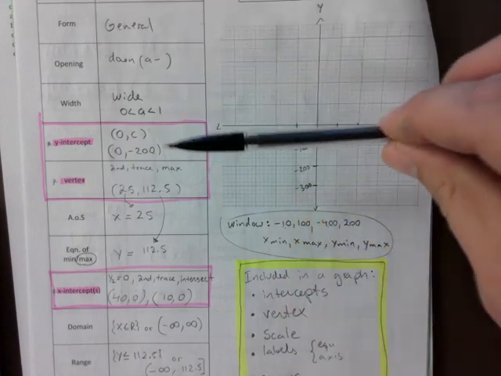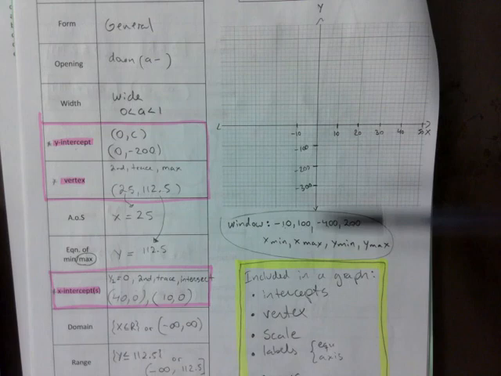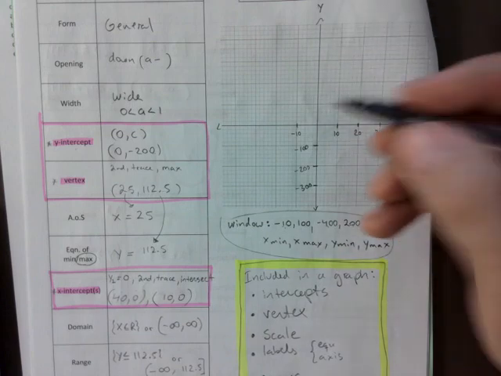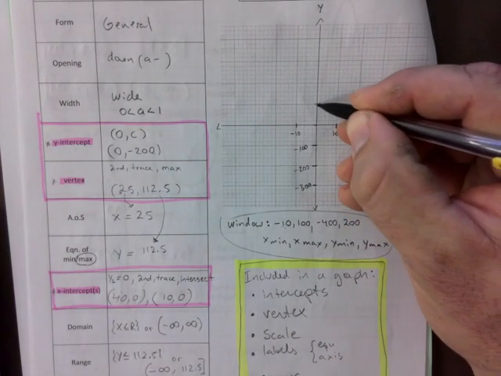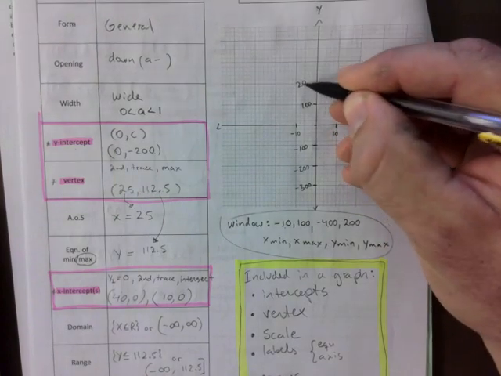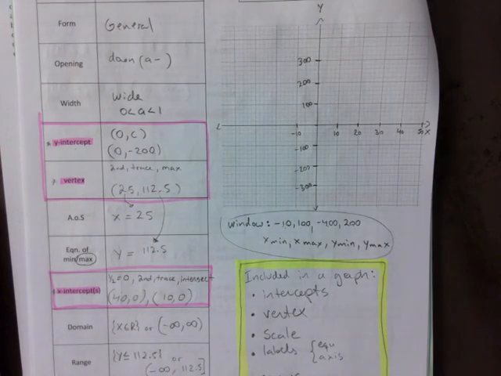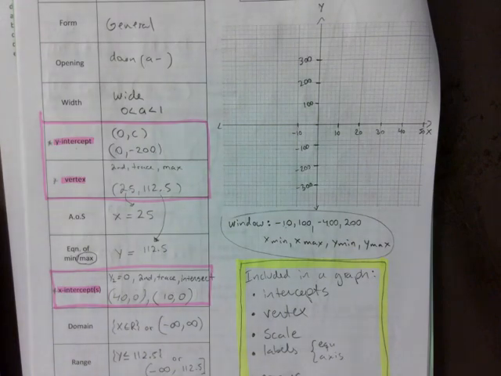The axes can have different scales, but it has to be consistent within that axis, okay? So this would be 0, obviously, and then this is positive 100, positive 200, and I'm just going to go 300 here. I'm okay if you label every other one sometimes, that's fine, as long as I can tell that you're going up by the same amount. So this is now a scale that will work for us.